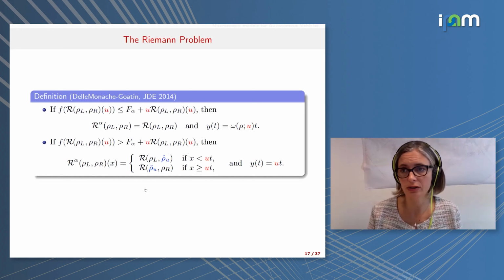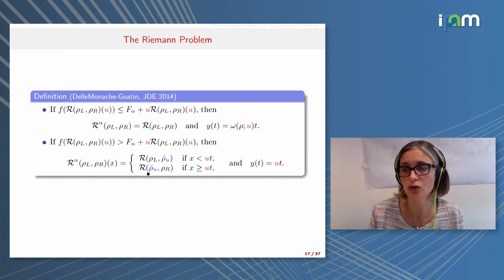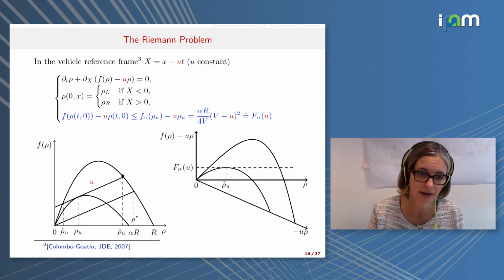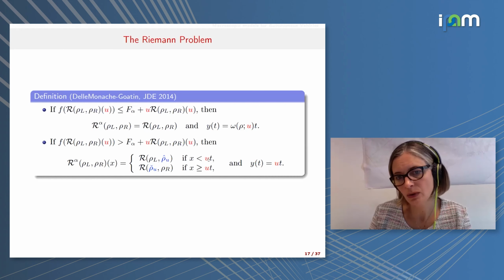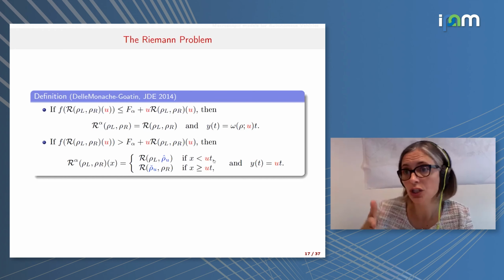And how to modify your solution is introducing these two states that basically are these 2 points here, the intersection of the tangent with the slope u to the smaller flow with the bigger flow here. So you take these 2 points here, rho u hat and rho u check, and you glue the two solutions. And of course, at the point x equal to u times t, that is the vehicle position, you have a jump.